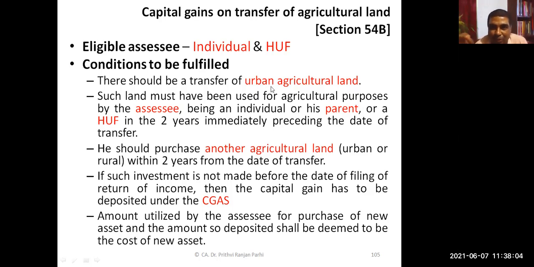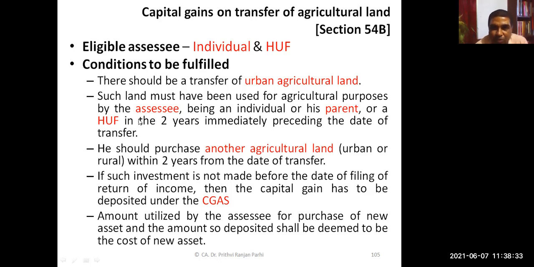Urban agricultural land. You already know, earlier we have studied, rural agricultural land is not a capital asset. So it will not be taxed at all. So now we are talking about urban agricultural land, and here nowhere it is mentioned that it should be held for long term. Okay, and it talks about urban agricultural land, but you have to see such land must have been used for agricultural purposes by the assessee.